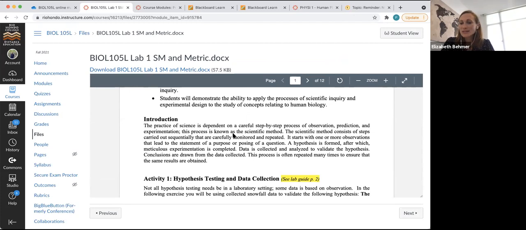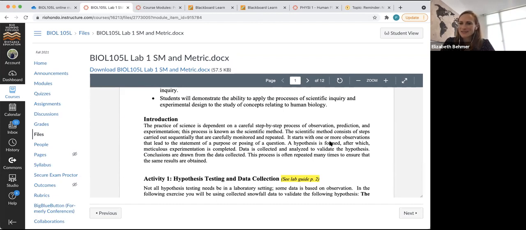The practice of science is dependent on a careful step-by-step process where we observe, predict, and use experiments. This is collectively known as the scientific method, and you might have been over this a little bit in lecture. The scientific method consists of steps carried out in order that can be monitored and repeated. It starts with one or more observations that lead to a statement, and then to a question.